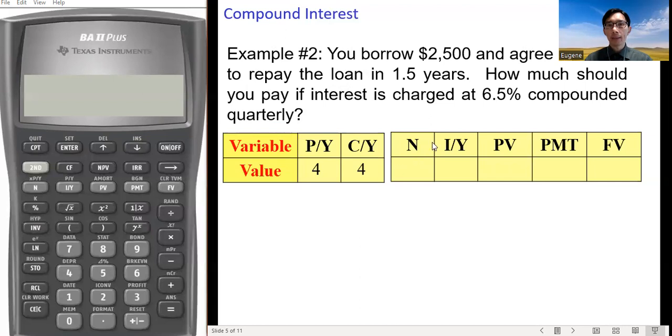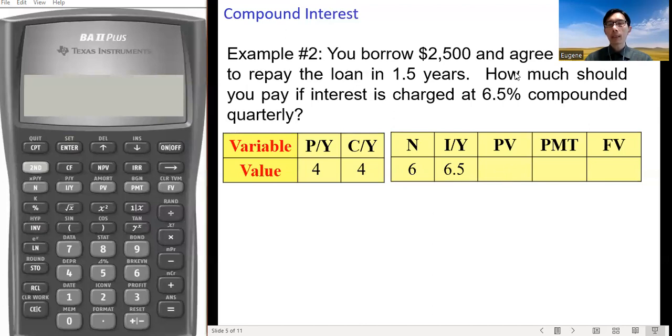The value of N, the total number of compounding periods. Altogether, the duration is 1.5 years. Interest rate is compounded quarterly. So the total number of compounding periods is 1.5 times 4, which is 6. And then IY, the nominal interest rate, is 6.5.